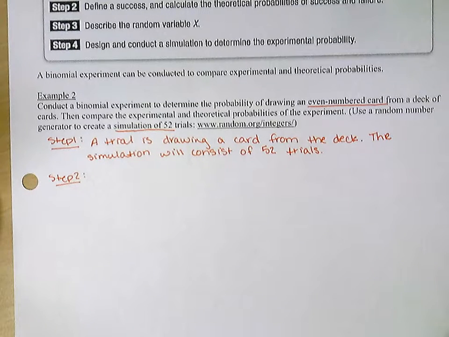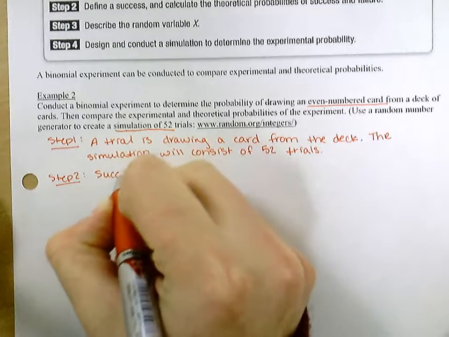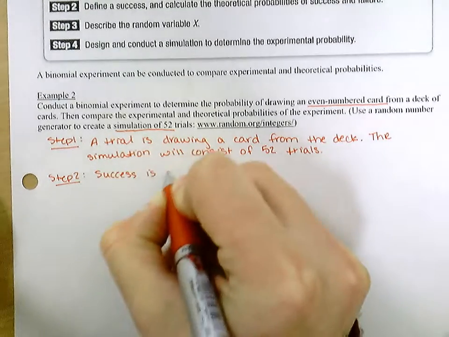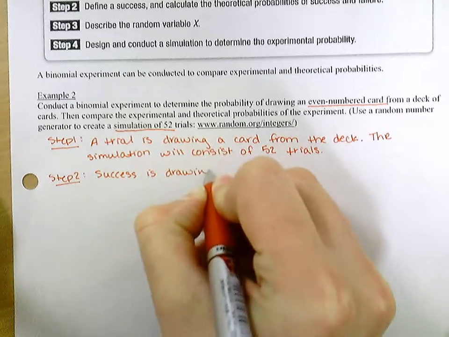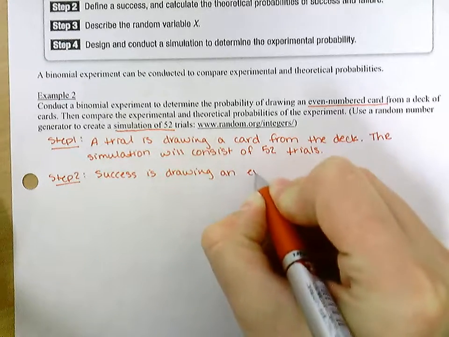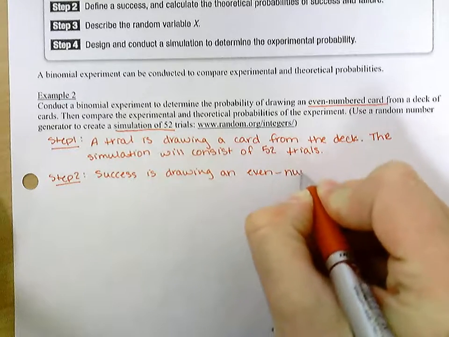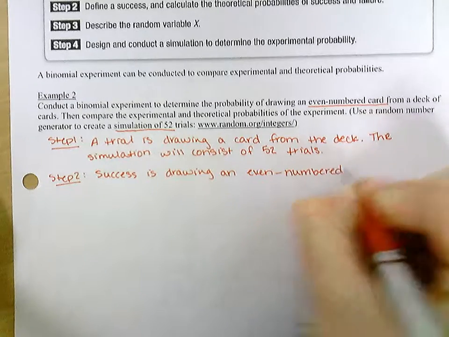So we have to define a success and calculate the theoretical probabilities. So what is a success in this situation? What do we want to happen? Even numbered card. We want an even numbered card. So success is drawing an even numbered card.